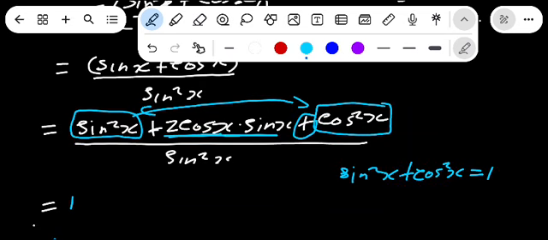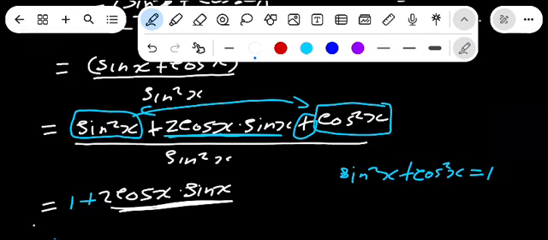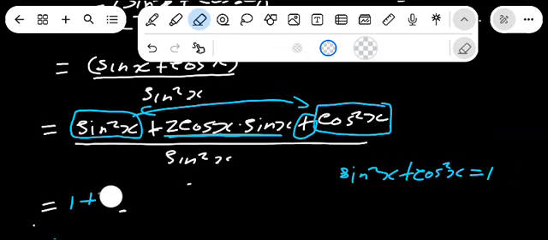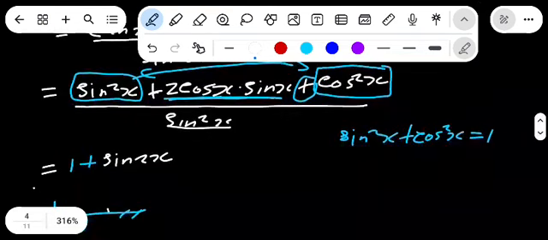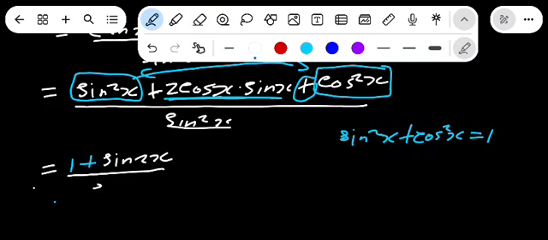But if you check, we'll have plus 2 cos x multiplied by sine x. This is a double angle, so you can write this as sine 2x, divided by sine squared x.